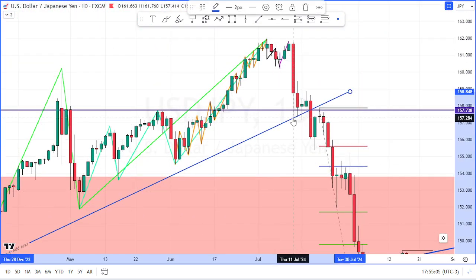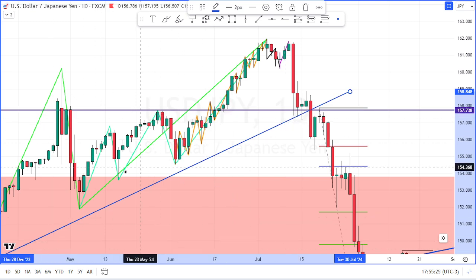And we can see how the market also came all the way to the short trend line area. And this short trend line area on the daily is where we have the long trend line of the 4-hour time frame.